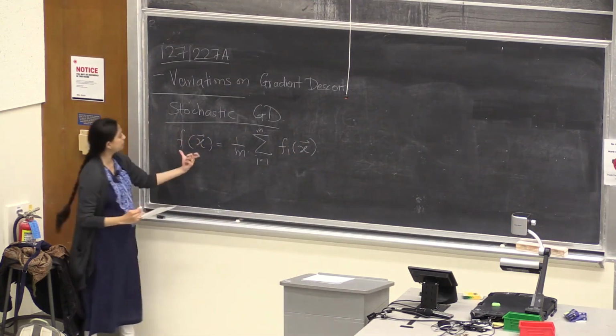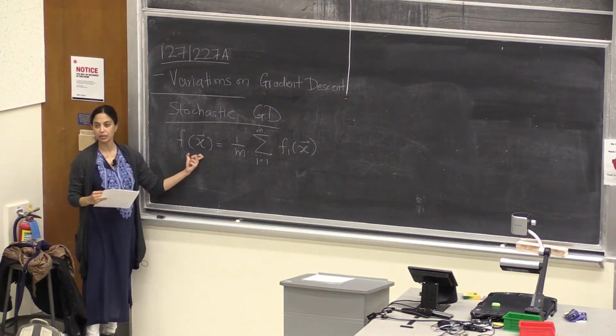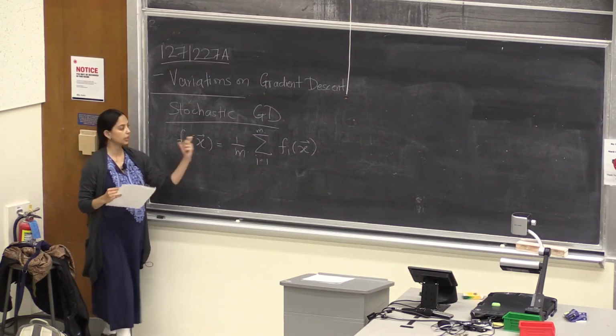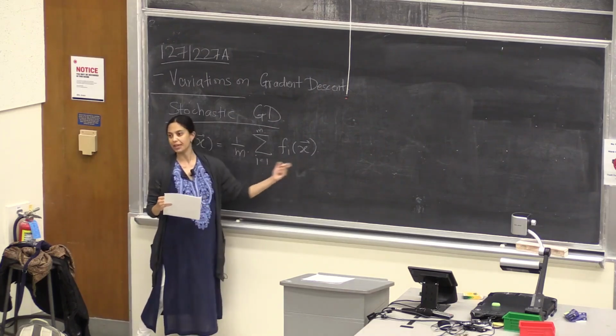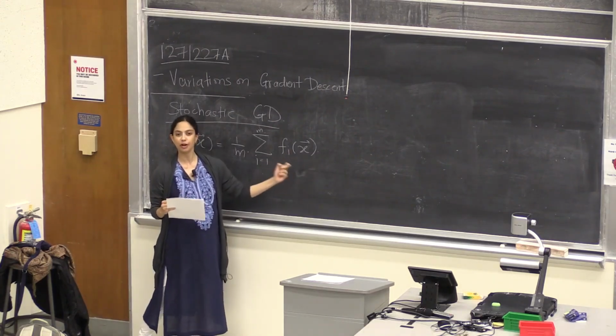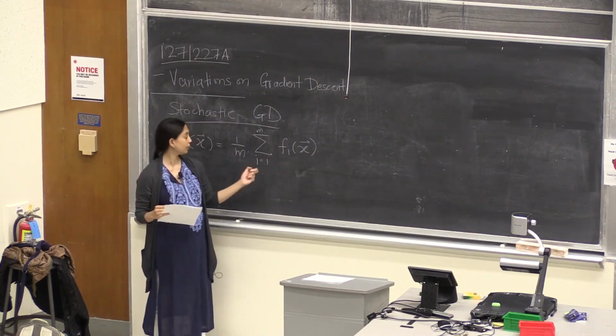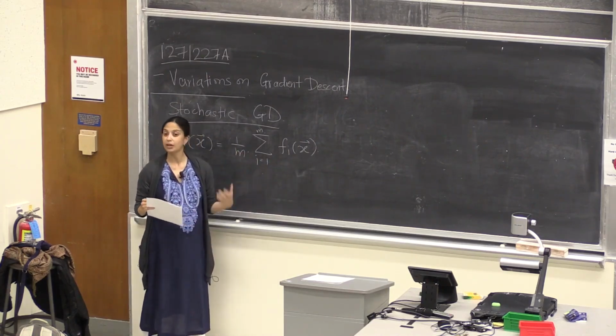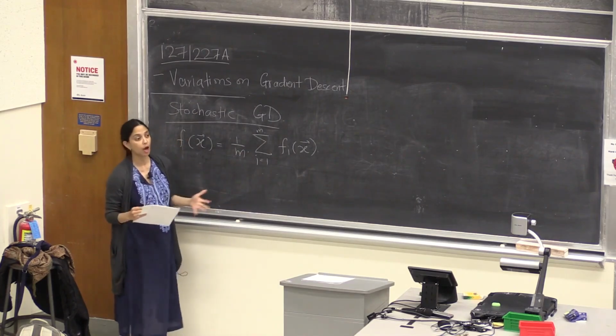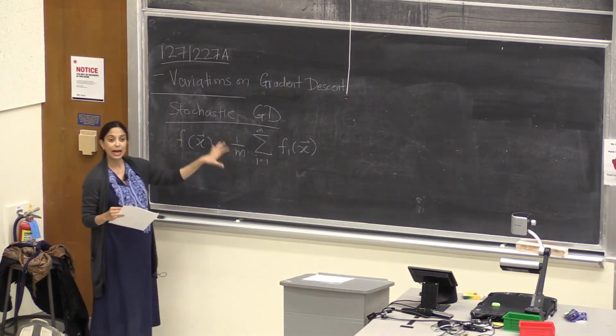Right? So you're trying to minimize something that is f of x, but this f of x is actually the sum or the average of a bunch of other functions. And in particular, you might have m of them.